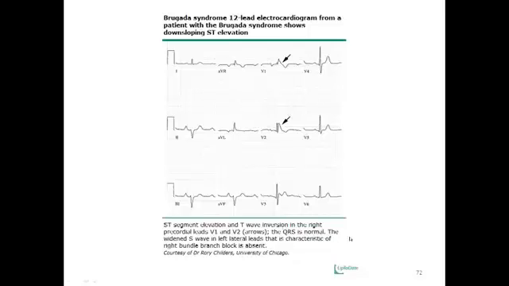With a normal QRS, the widened S-wave in the lateral leads is characteristic of right bundle branch block, which is absent. So if you see this non-specific, weird EKG, you need to get them to the cardiologist, because their risk of sudden death is great with Brugada.